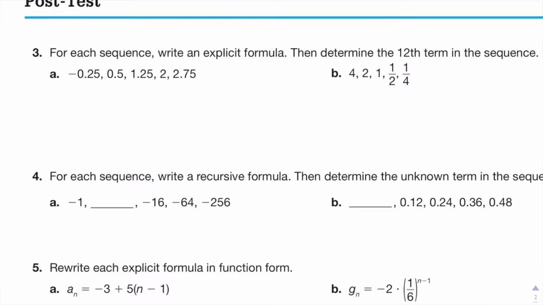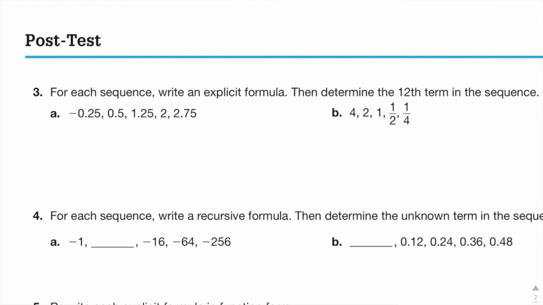Number 3. For each sequence, write an explicit formula, then determine the 12th term in the sequence. All right? So we had 2 explicit formulas. For arithmetic, it was A sub n equals A1 plus n minus 1 times the common difference.